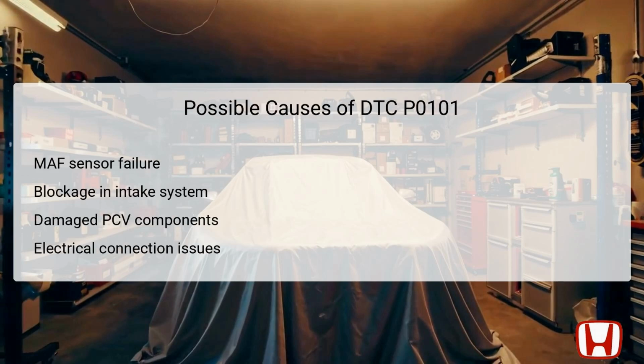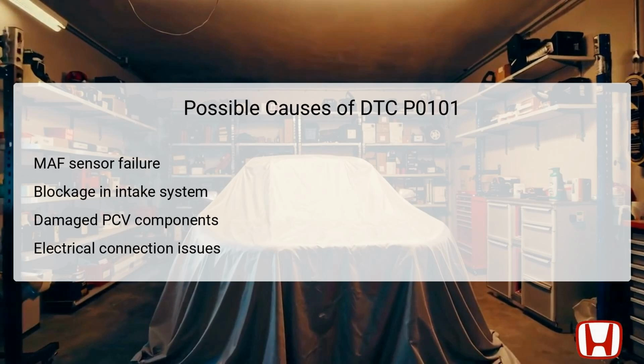Several possible causes can lead to the triggering of DTC P0101. First, a malfunction in the MAF sensor itself is a common culprit, which could be due to wear, contamination, or electrical failure. Additionally, there may be blockages in the intake air system that hinder airflow, affecting the sensor's readings.